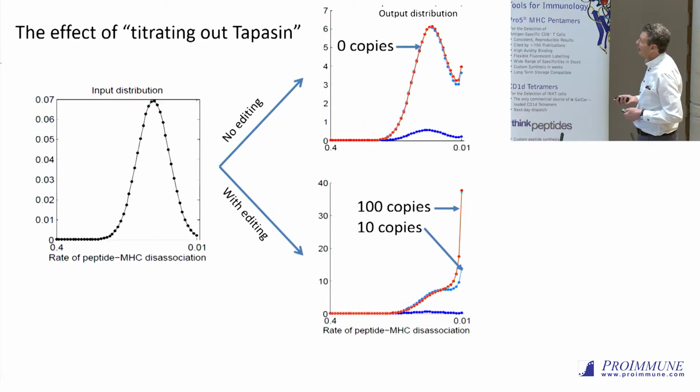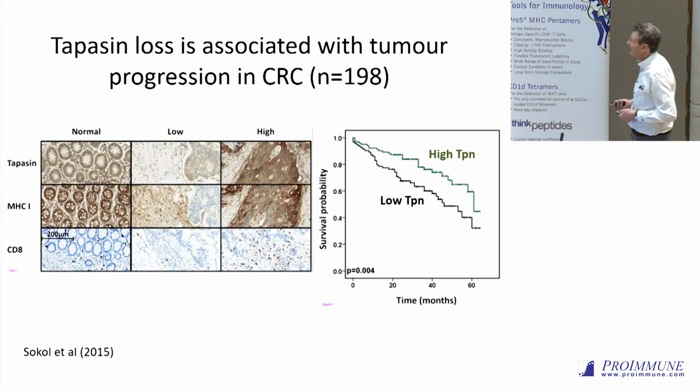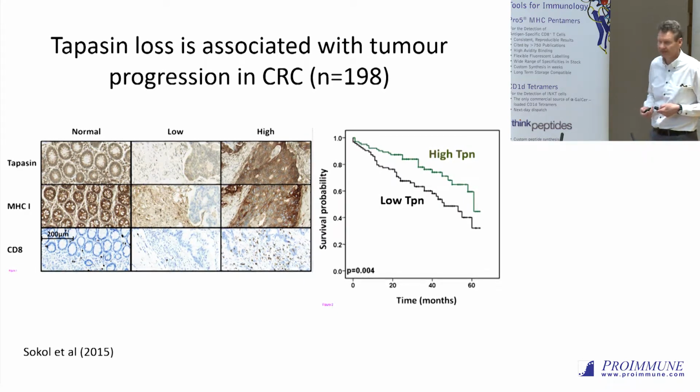We can predict the effect on antigen presentation as tumours begin to lose expression of tapasin. That's a very important phenomenon in oncology. You can stratify patients into response groups or prognostic groups based on the expression of tapasin in their tumours.